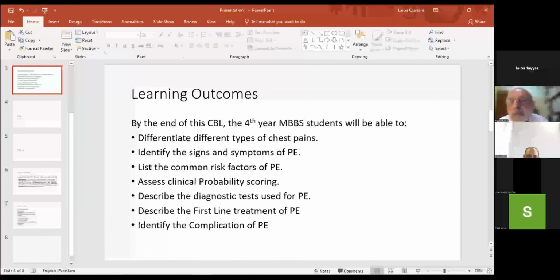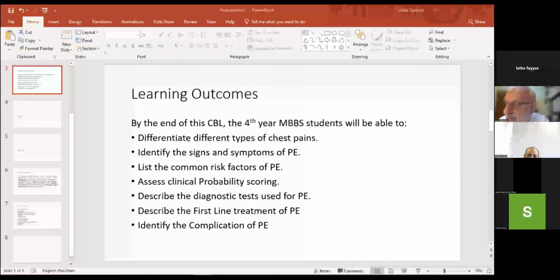I just wanted to ask, is there any limit to the number of learning outcomes, or we can have as many as we want? No, there is a limit because you have only 2 hours. So you have to assess whether the learning outcomes you are aiming are achievable within 2 hours.